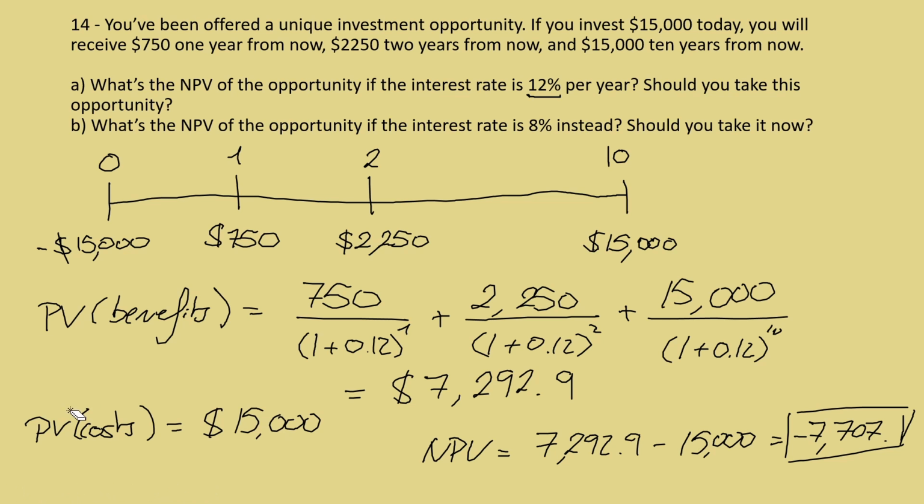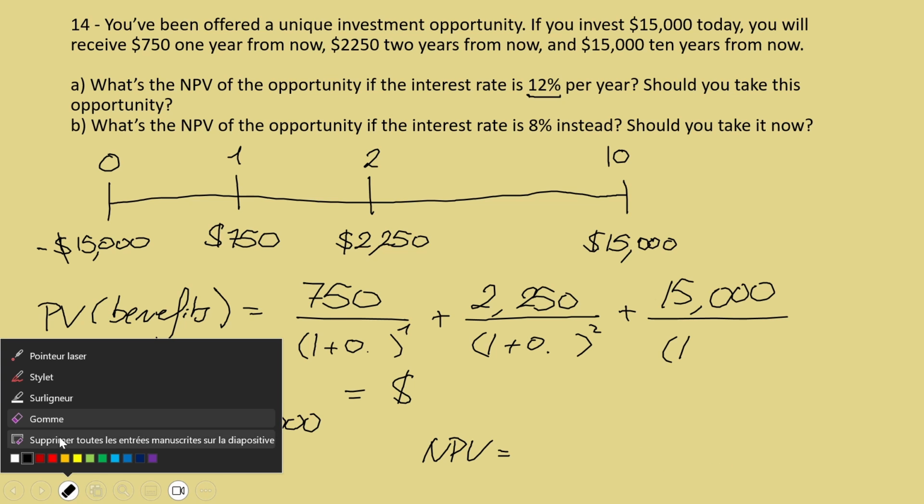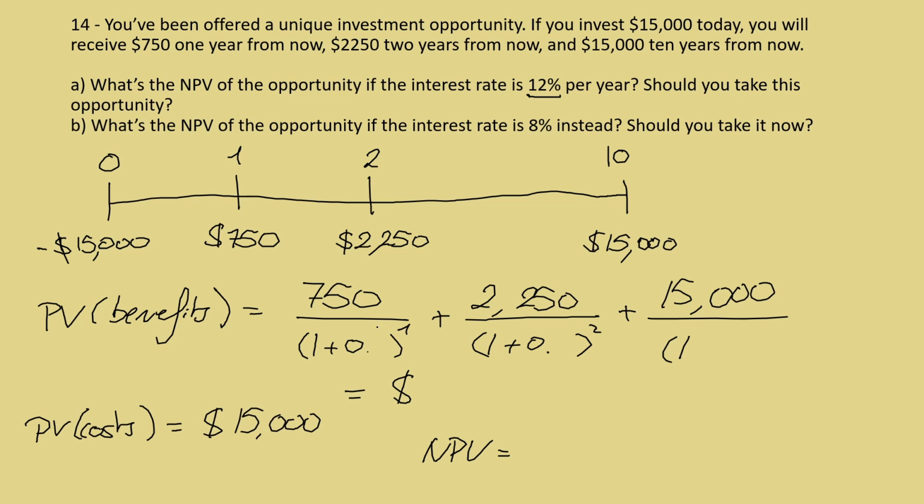Excellent. What about part B, now that the interest rate has changed? So again, here we do exactly the same, but with a different interest rate. So I don't need to get rid of all this. All I need to do is change the interest rate.